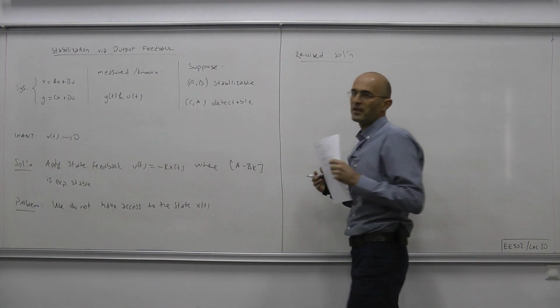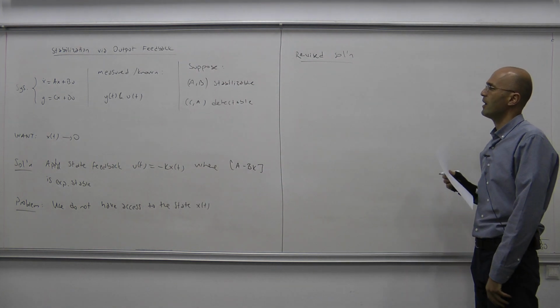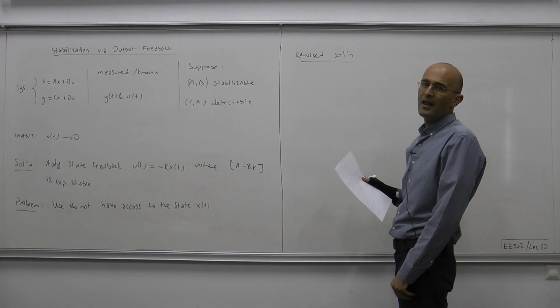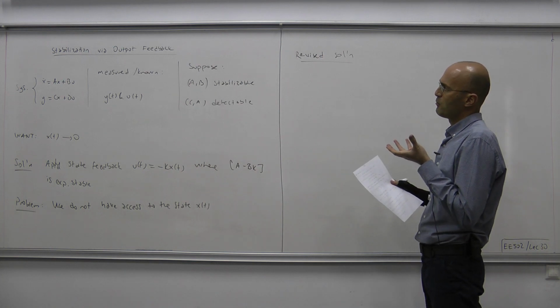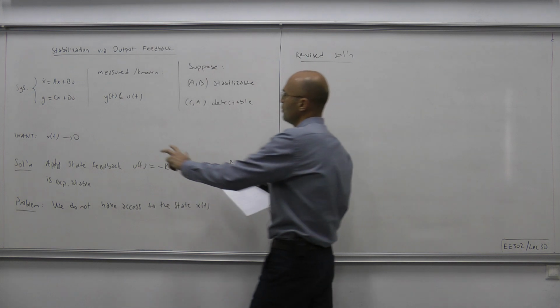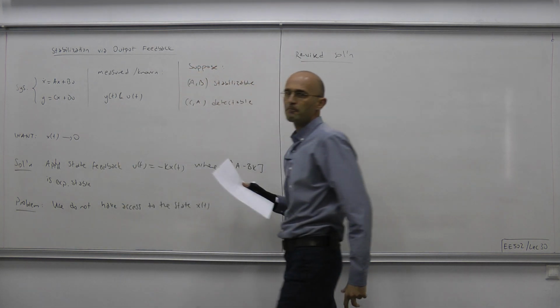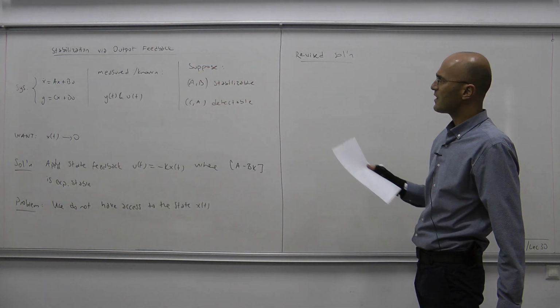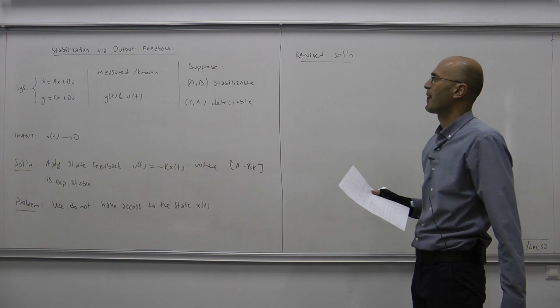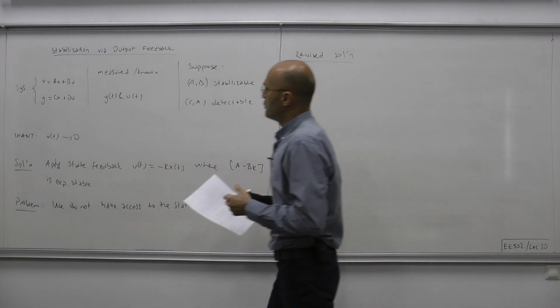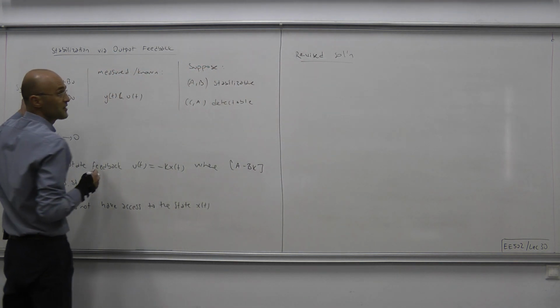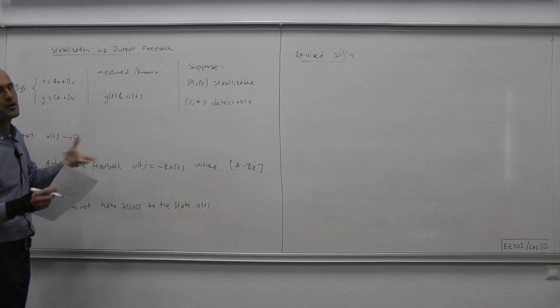In our previous lecture, we saw that if a system is detectable, then we can construct an observer which is running within our computer, and that observer uses only this pair of signals as its input, and then produces an estimate of the state, x hat of t, and that estimate becomes better and better as time goes on.